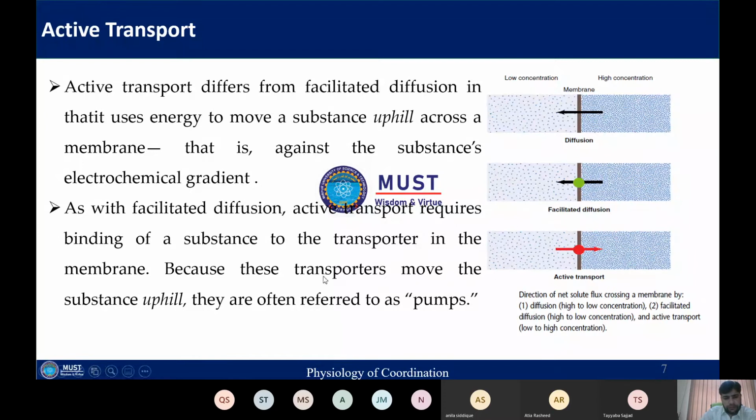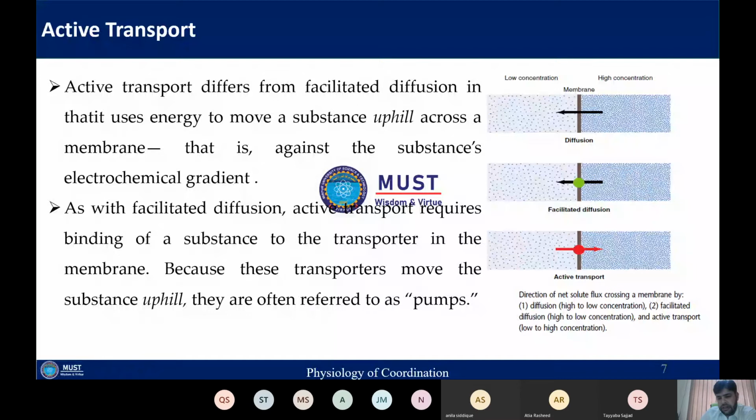The transporters involved in active transport move substances uphill, from lower concentration to higher concentration. That's why these carrier proteins or transporters can sometimes also be called pumps. A pump is something which moves substances in the uphill direction.